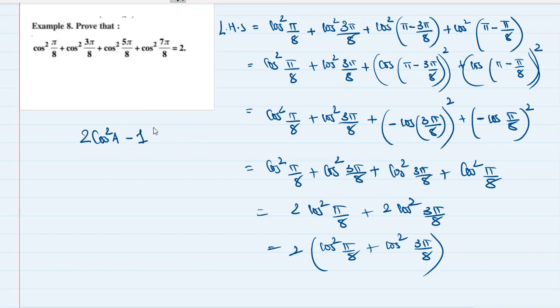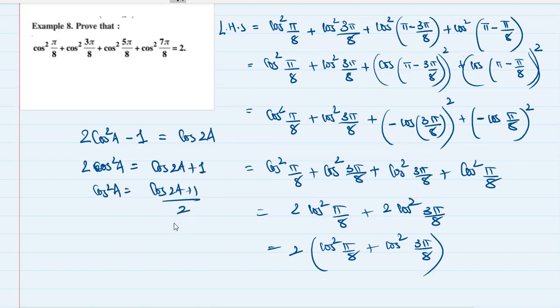You must remember this formula. 2 cos square a minus 1 is cos 2a. Do you remember this formula? Yes. So can I write 2 cos square a is equal to cos 2a plus 1, and cos square a is cos 2a plus 1 by 2.